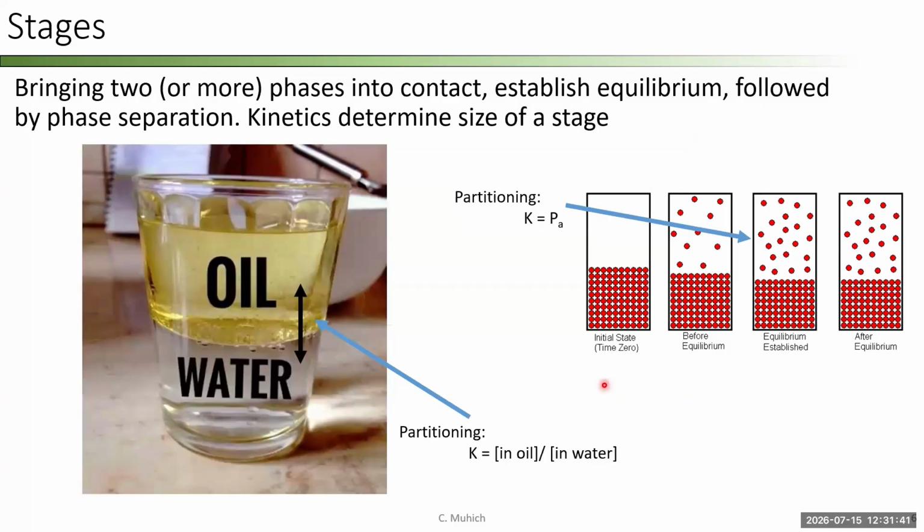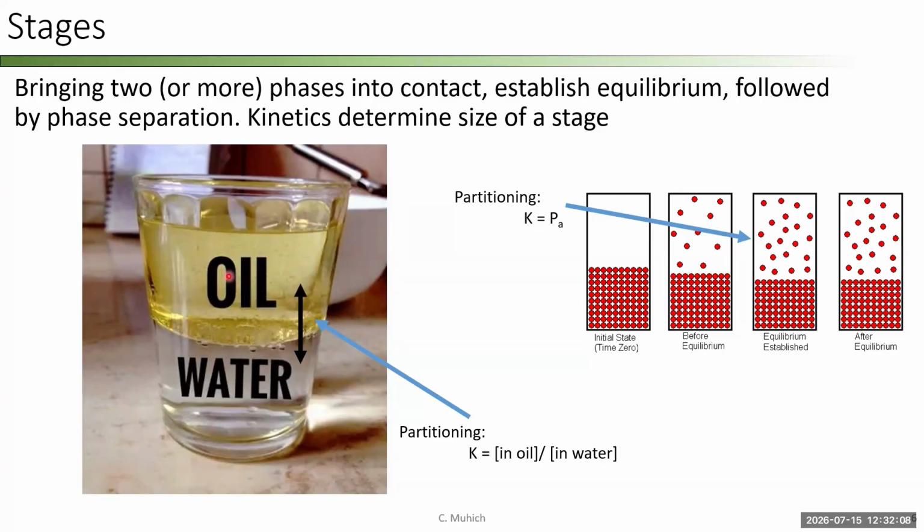I first want to think about an extractive stage. So an extractive stage is bringing two or more phases into contact, such as oil and water, and allowing equilibrium to establish between those. So maybe there's molecules in the oil, and then they partition between the oil and the water.